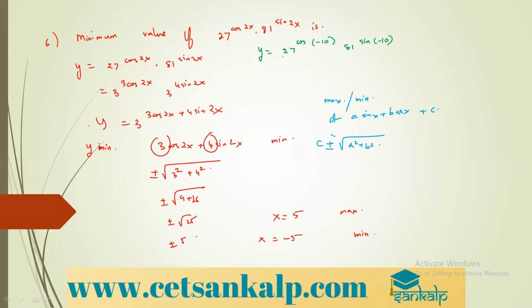How to find this? 27 power, as I wrote earlier, I will write 3 cube cos of 10 and 3 power 4 sine of minus 10.